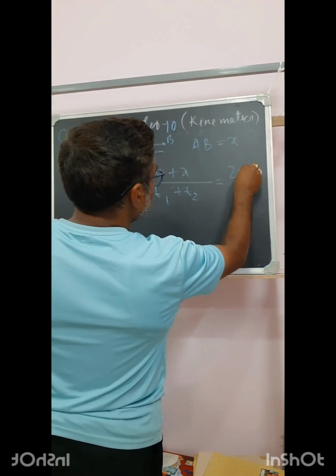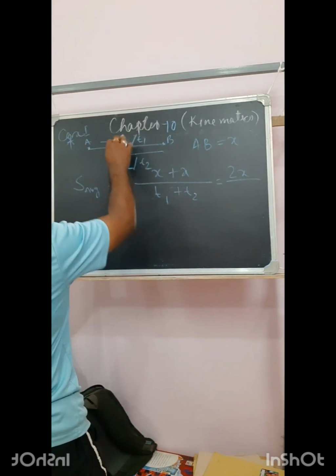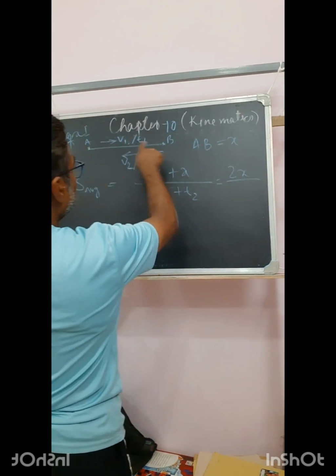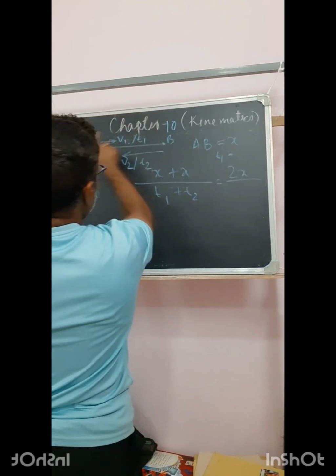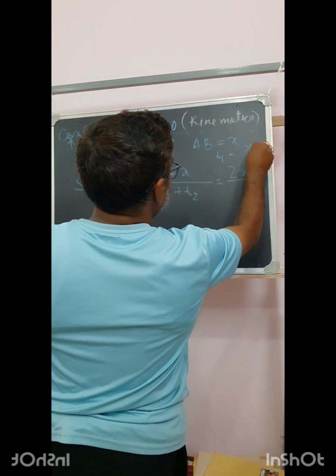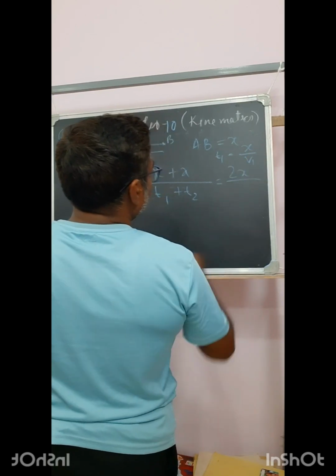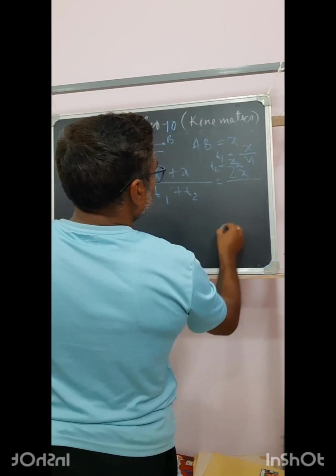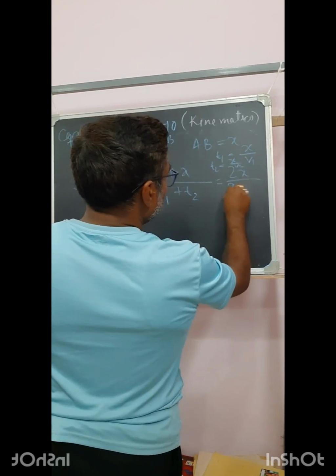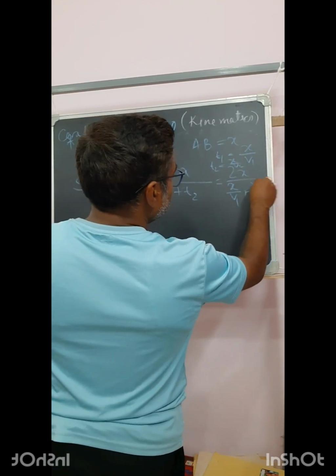So that is 2x, and now can I represent the time in terms of x and v? The time t1 when moving from A to B will be the distance x divided by the velocity v1, and t2 will be the distance x divided by v2. So if I put it here, the denominator will be x by v1 plus x by v2.